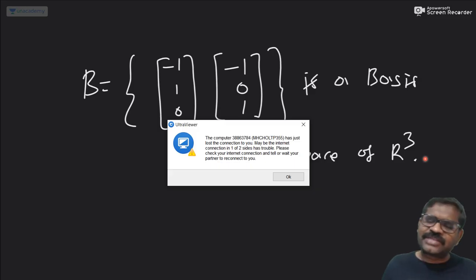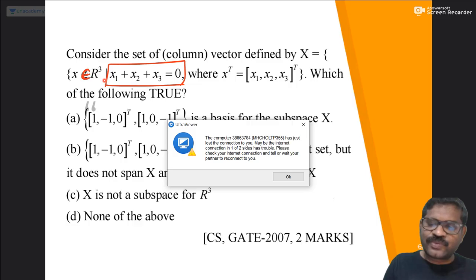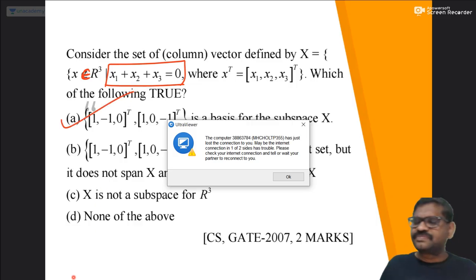For a 3-dimensional vector space, it is a subspace. Basis for the subspace of R3. Understood? So, which option? First option.